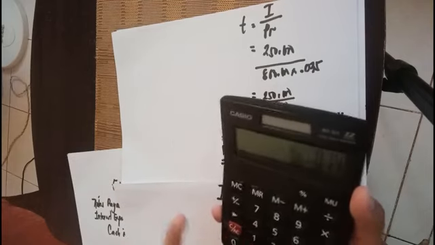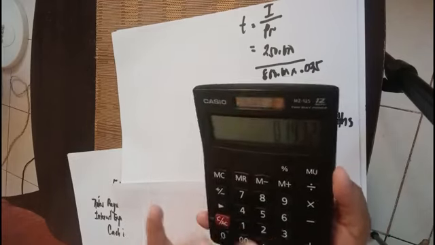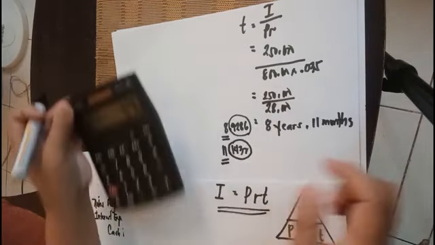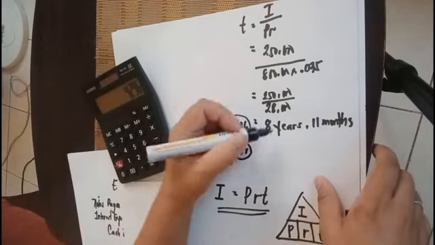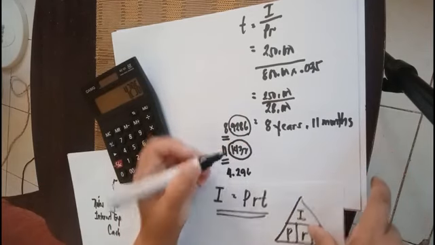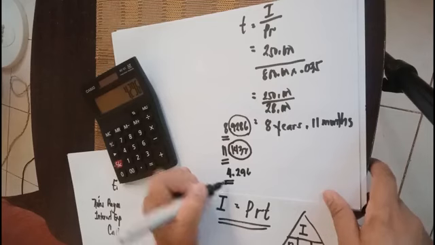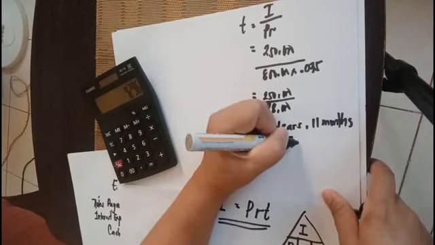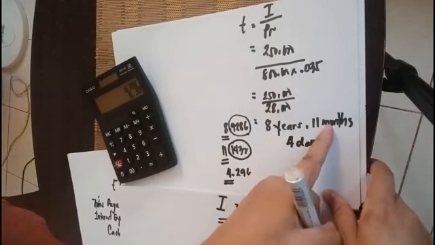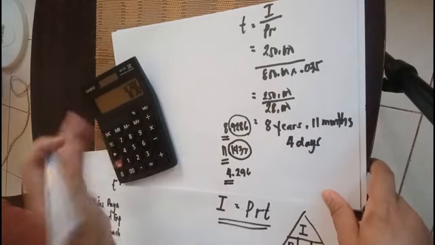You multiply 0.1432 by 30 days. The result is 4.296, so this is the number of days. So she needs to pay after 8 years, 11 months, and 4 days.